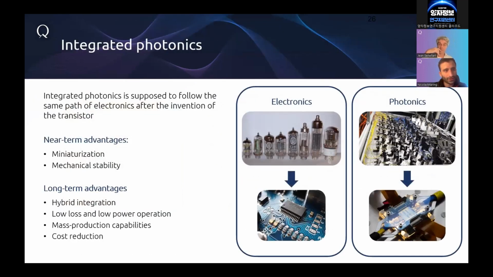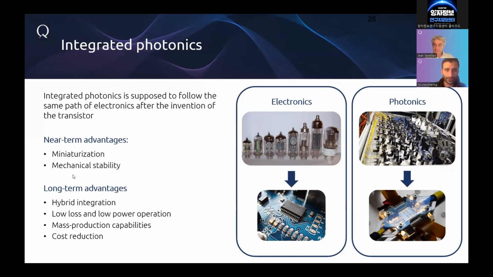And so this is a very complex circuit. We don't use free space optics. We use integrated photonics, and this is mostly the same revolution that we have experienced for electronics, where we went from bulky electronics to very integrated systems. And so in our case, we use this to miniaturize a lot the optical circuits and elements.